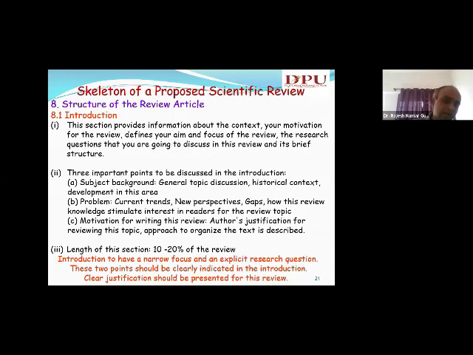So finally, if we have to conclude, the introduction has to be very narrowly focused with an explicit research question. These two points should be clearly indicated in the introduction. Clear justification should be presented for this review. Why we are very much interested, why we should go for this type of review writing. You have to clearly say there is a pressing need for this type of review.